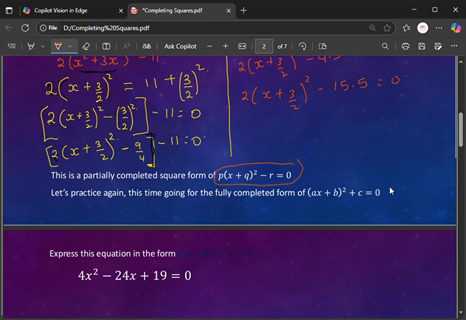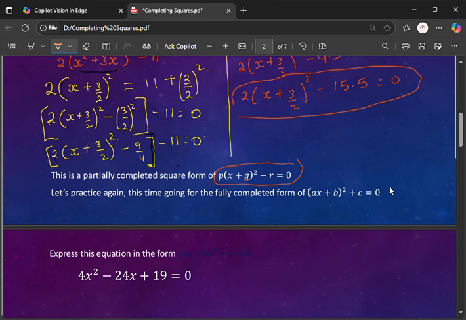You can see they can say write this quadratic equation in this form and find the value of p, find the value of q, find the value of r. So if you achieve this, you can just pick out p is 2, q is 3 over 2, and then r is 15.5.